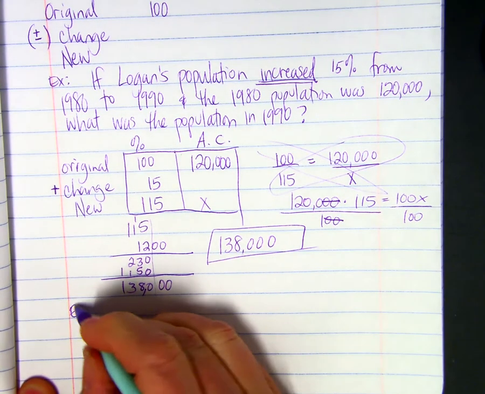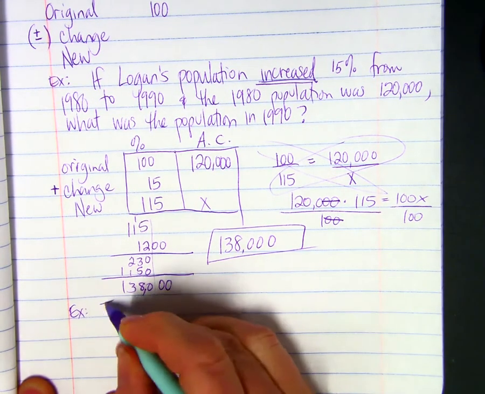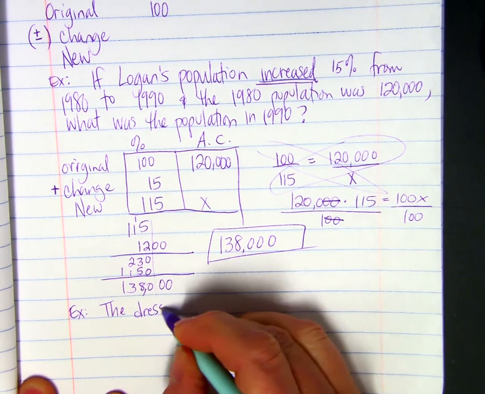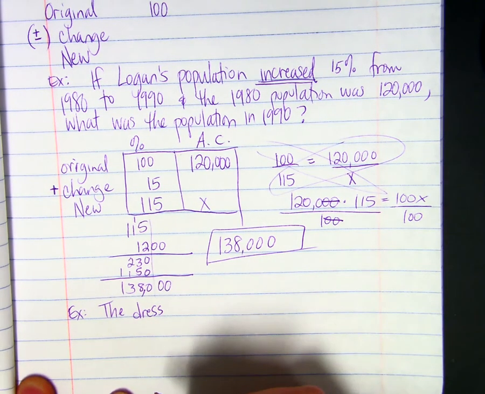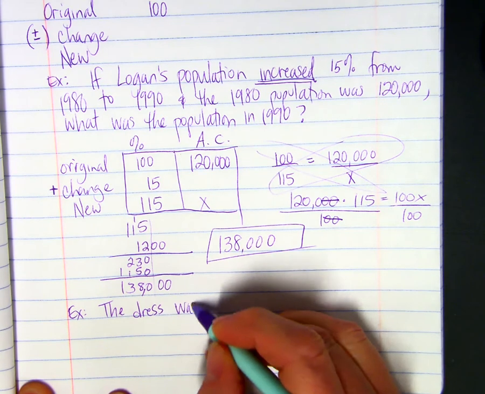Here's another example. The dress was on sale for 40% off the original price.